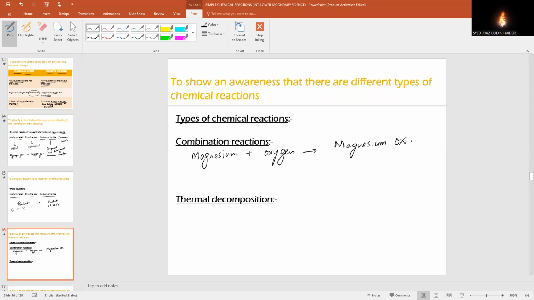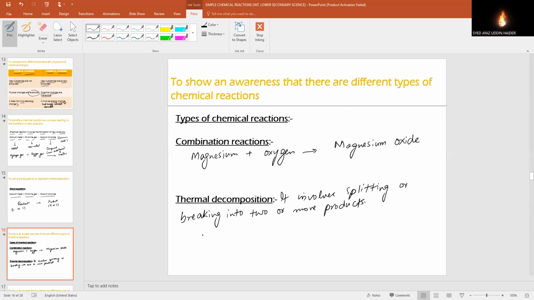Oxide is the product. In case of thermal decomposition, it involves splitting or breaking into two or more products.